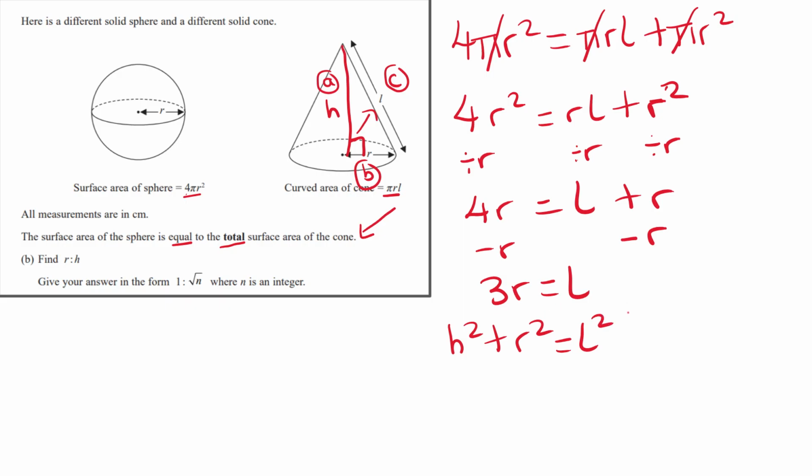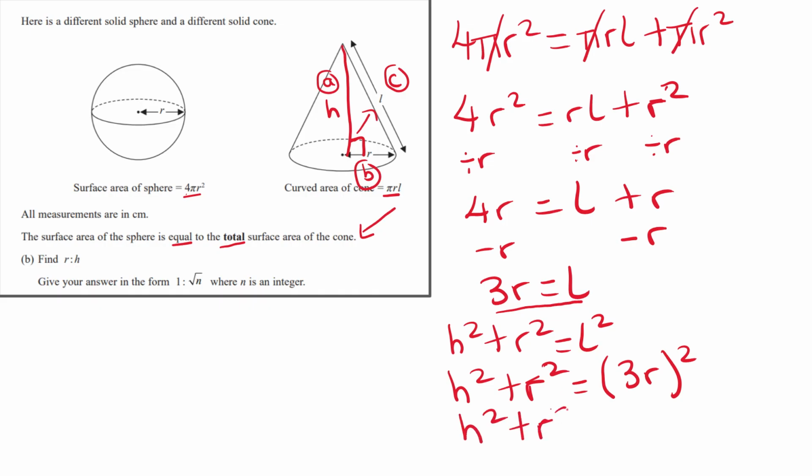Now we know from the previous line that l equals 3r. So I can substitute l as 3r. This gives me h squared plus r squared equals, in brackets, 3r squared. All I've done is replace this l with 3r. If I keep going, h squared plus r squared equals, now 3 squared is 9, and r squared is just r squared.